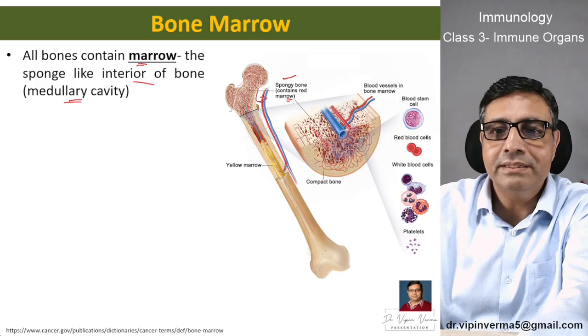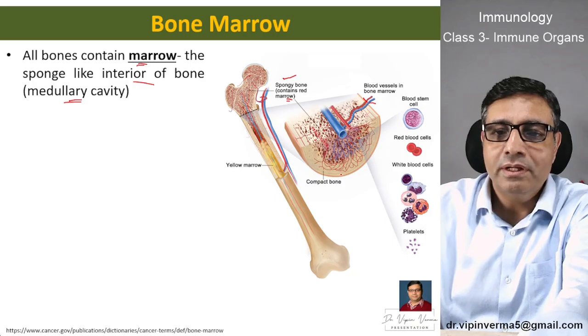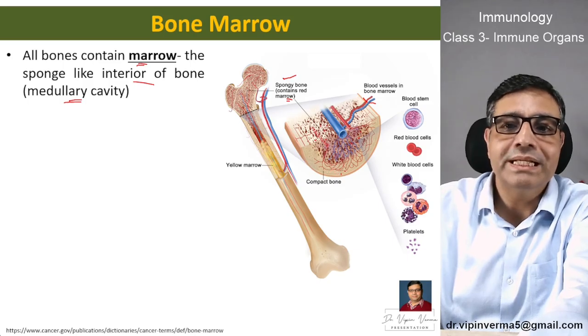Here you can see the magnified view of this spongy part, and here is the compact bone, and then you can see the sponge-like architecture where you will see the blood vessels. The blue one is the vein and the red one is the artery, and here the boundary is the compact bone, which is the calcium-rich part, with the osteoblasts and the bone cells.